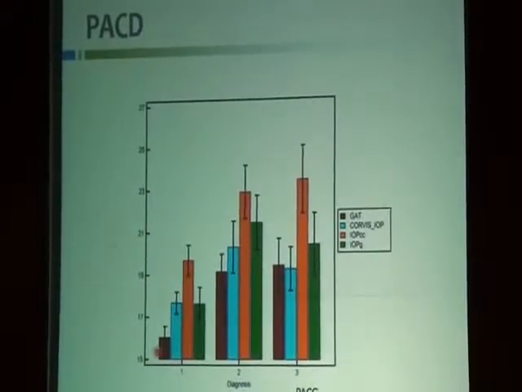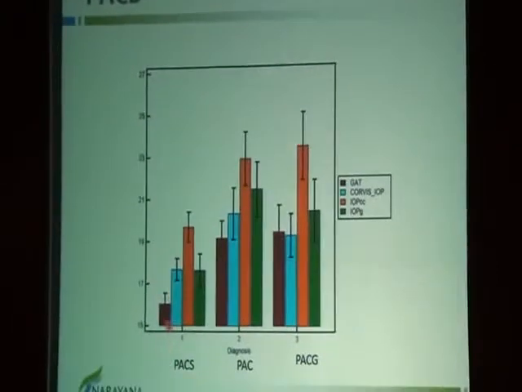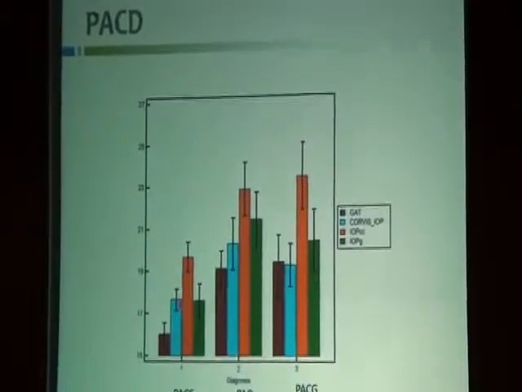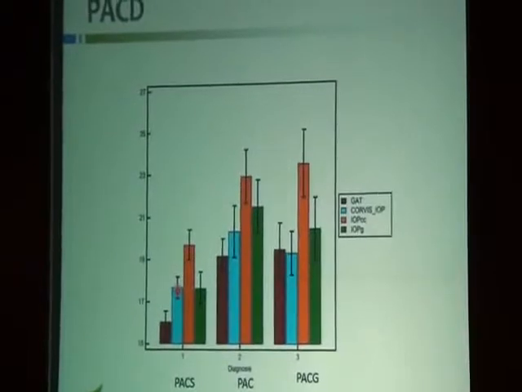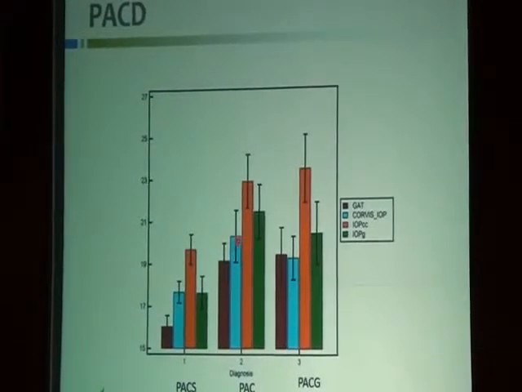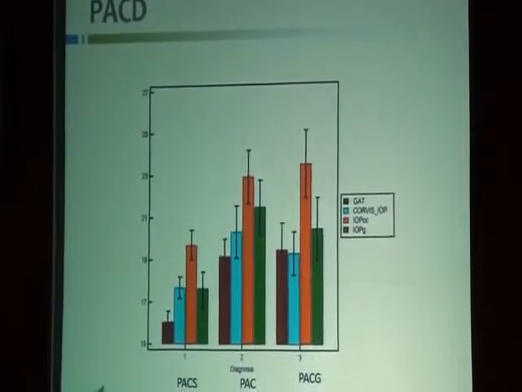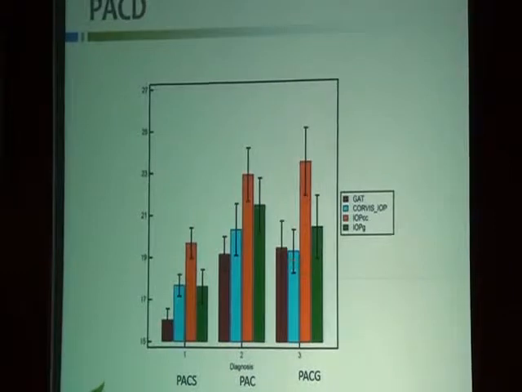But in our own study in the group of primary angle closure disease, in the PACS group, the Corvis actually showed slightly higher intraocular pressure readings than the GAT. Same in the PAC group, but there was a slight overlap, and it gave slightly lower readings in PACG.